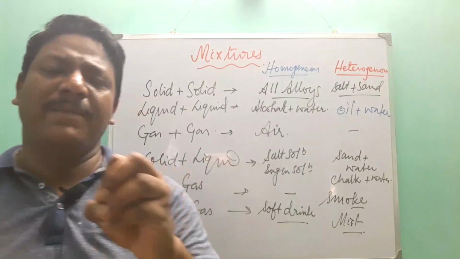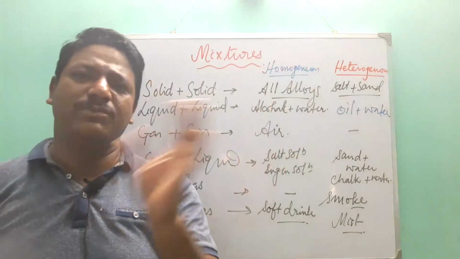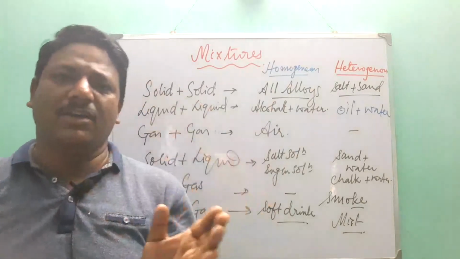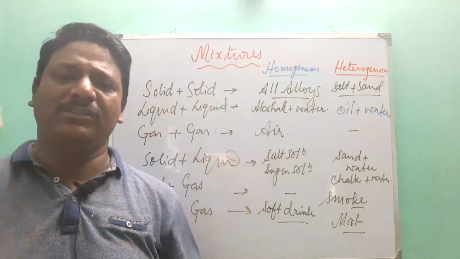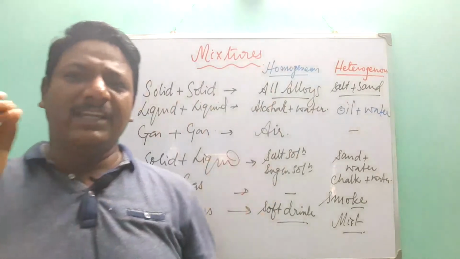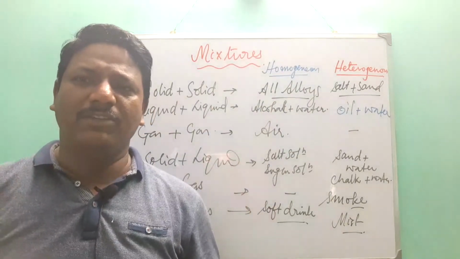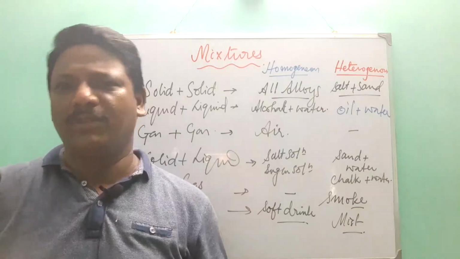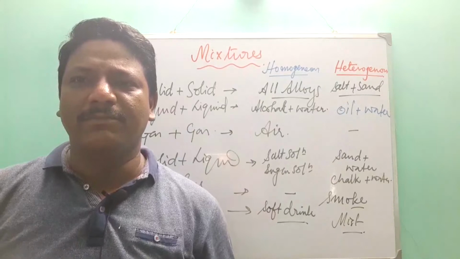Sometimes you see on the car's glass or on the window pane, when the temperature falls, some water vapor mixed with the gas, some mist like fog. You can understand it in simple language as fog, where you cannot see where the person is standing. So this is the example of the mist.